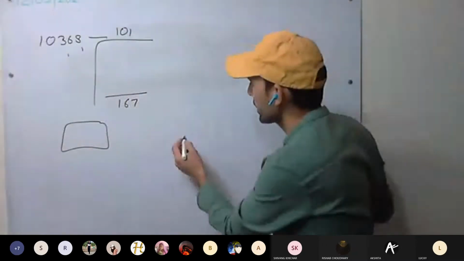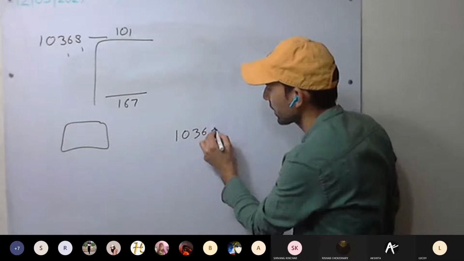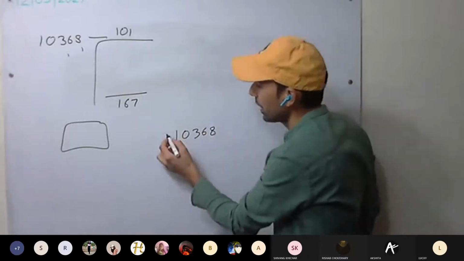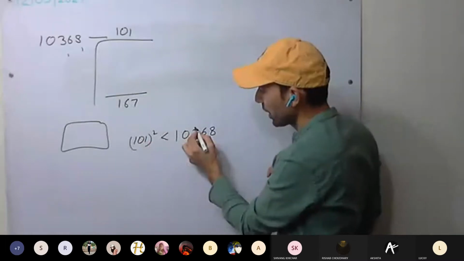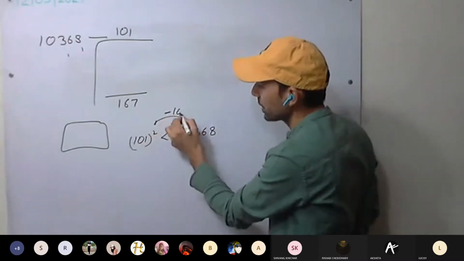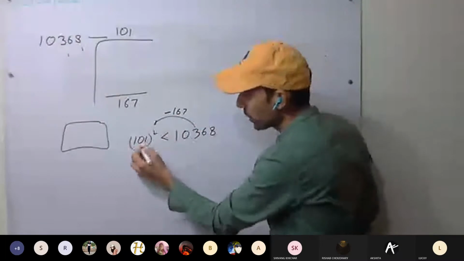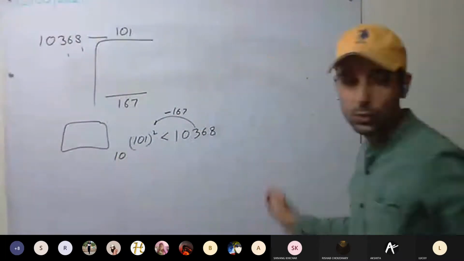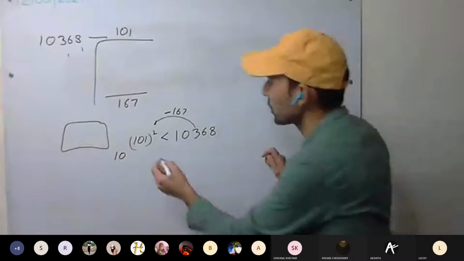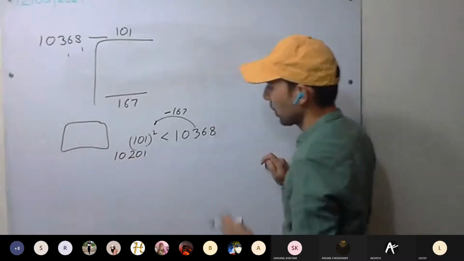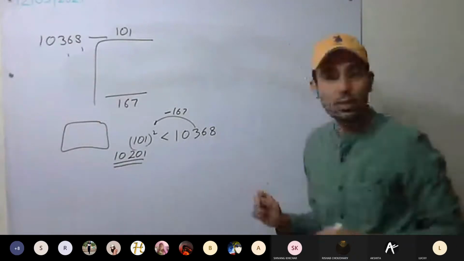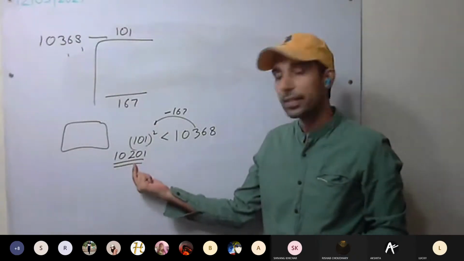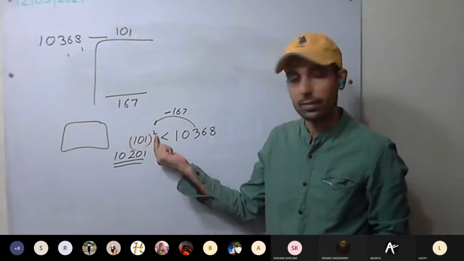See, we have 10368. It is greater than 101 square. So when we subtract 167 from this, we get 10201, and it is a perfect square of 101.